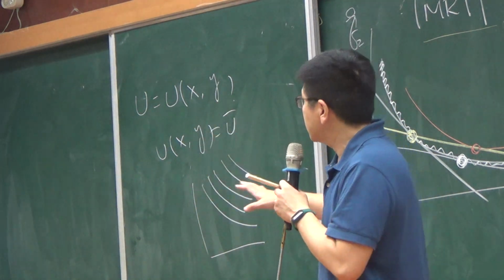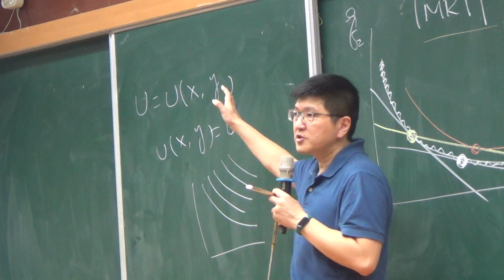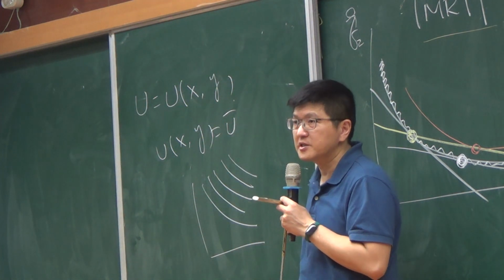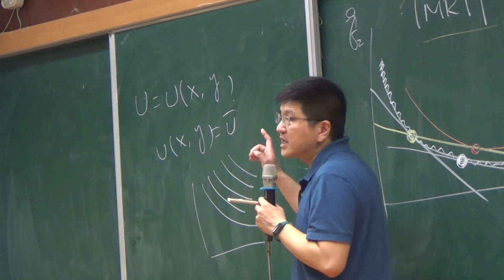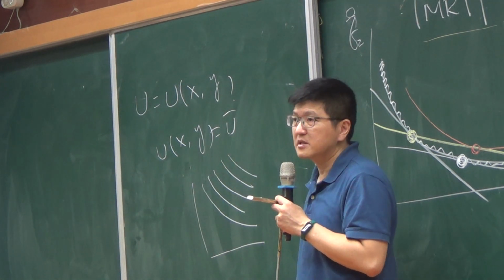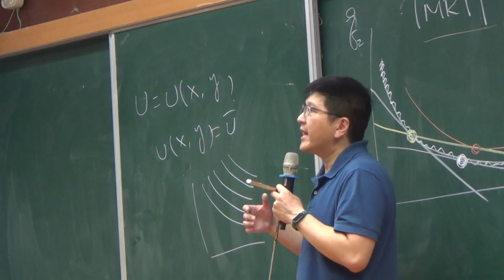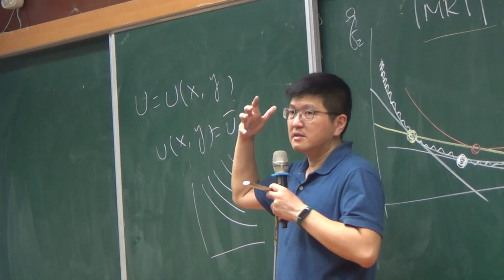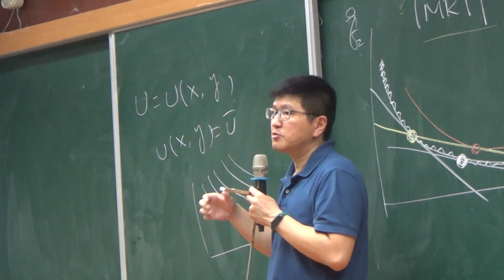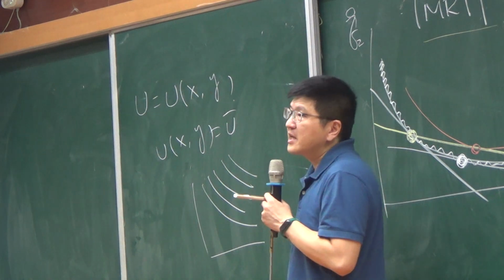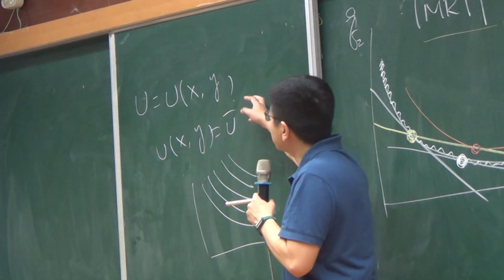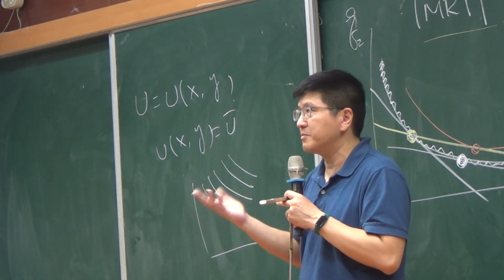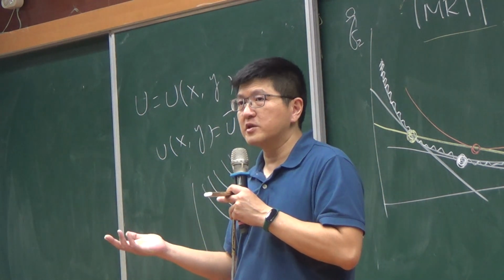We imagine there is a utility function so that we may analyze the behavior of consumers. So it's for an analytic purpose, because we want to analyze consumers' behaviors, so we construct something we call the utility function. But actually, as I told you, utility function is an ordinal thing rather than a cardinal thing. Ordinal means the sequence, the order, is important.